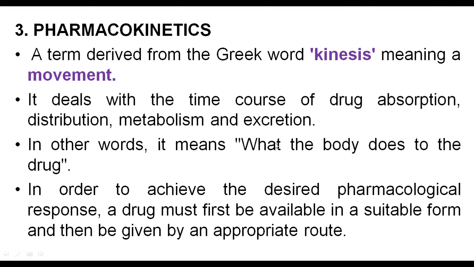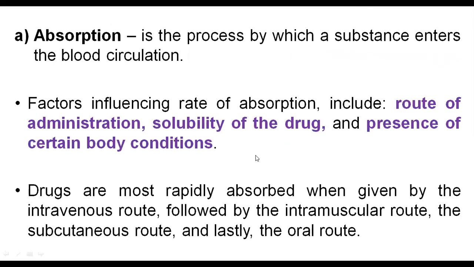So let us move on and look at the specific pharmacokinetic parameters that are considered when we are discussing drugs. You will note that for every drug that is administered, when we talk about pharmacokinetics, we should talk about its absorption, distribution, metabolism, and excretion.